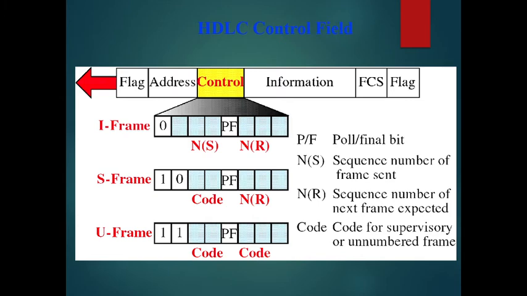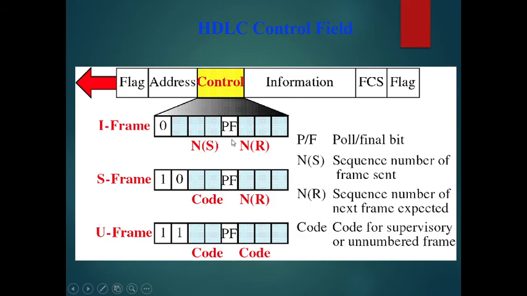Suppose I am sending the 0th frame or the first frame; there will be a sequence number, and that sequence number will be indicated by these 3 bits after the 0th bit. With 3 bits, we can define a sequence number only between 0 and 7 at maximum. And next is the poll and final bit.